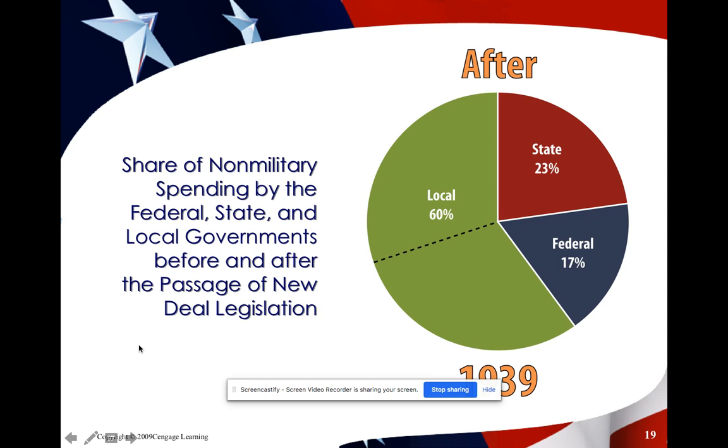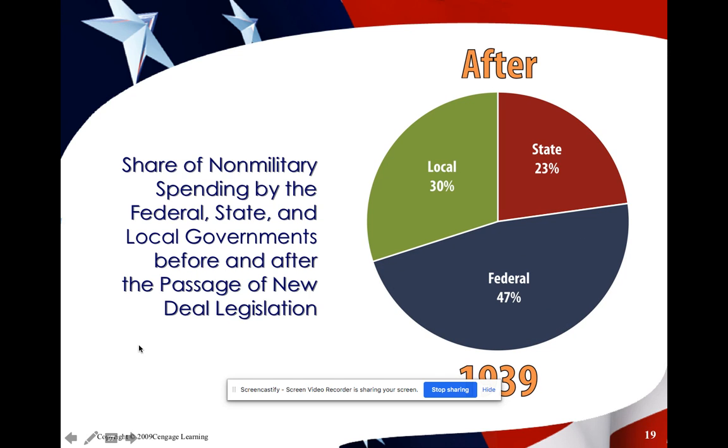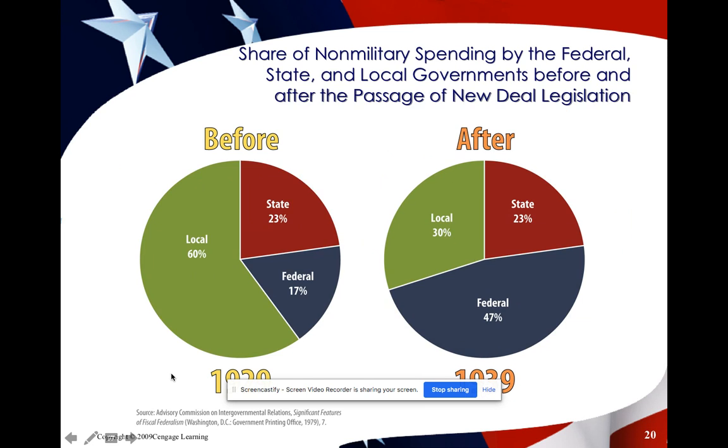They're going to start getting a larger piece of the pie here. After that, you see it goes up to 47%. So the local and state governments are competing for this piece of the pie, and those grants give the federal government more power over the state and local, or at least influence.